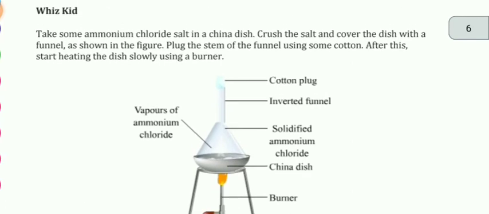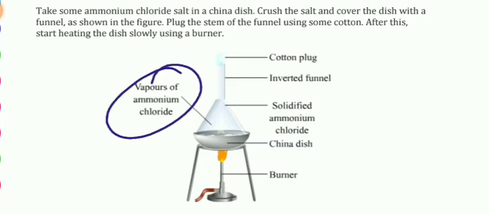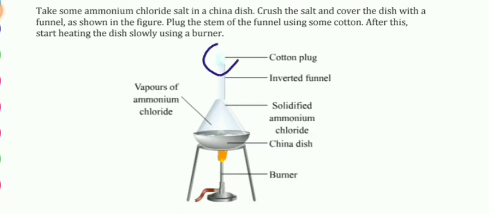And here is an activity that can show the sublimation and deposition of ammonium chloride, right? If we heat the solid ammonium chloride, what will happen? It will get vaporized directly, because we know ammonium chloride is a sublime. And here the funnel is made airtight with the help of a cotton plug.